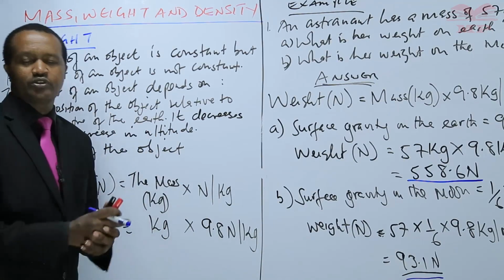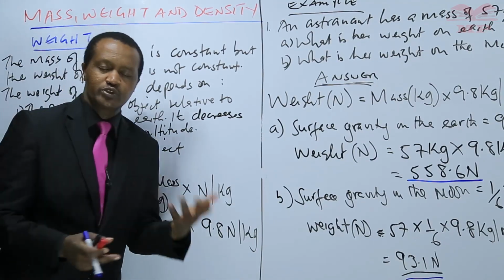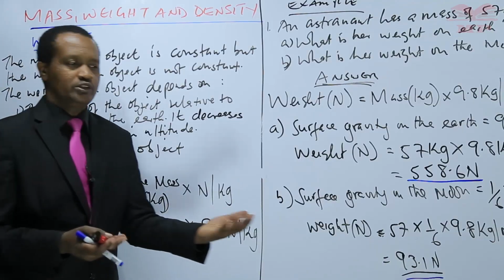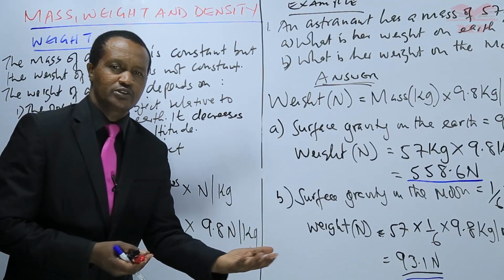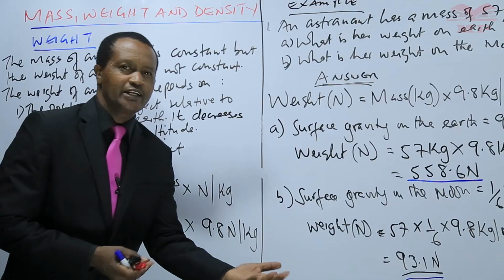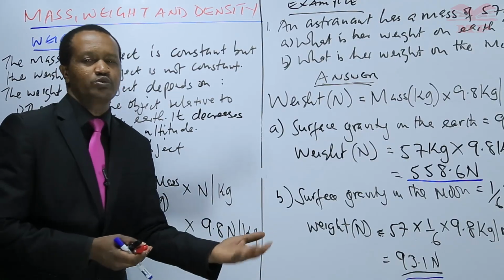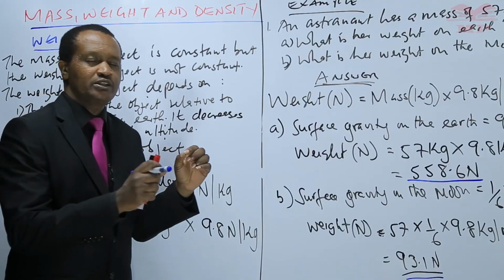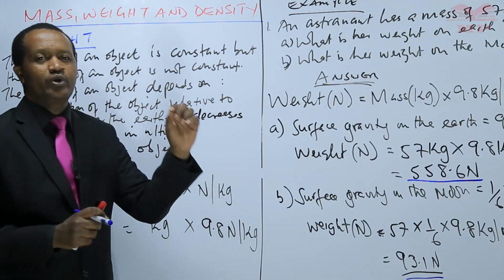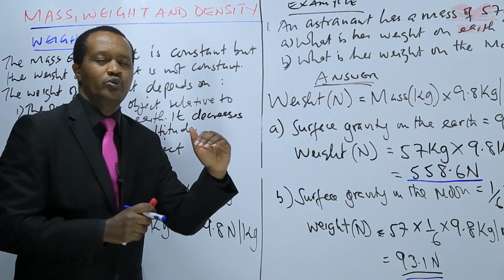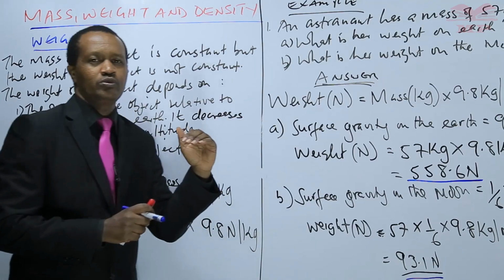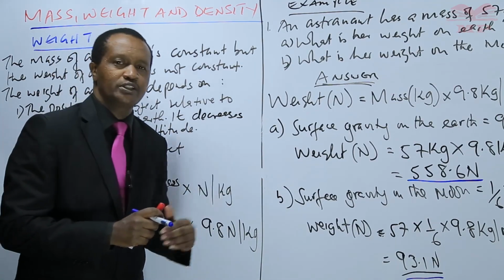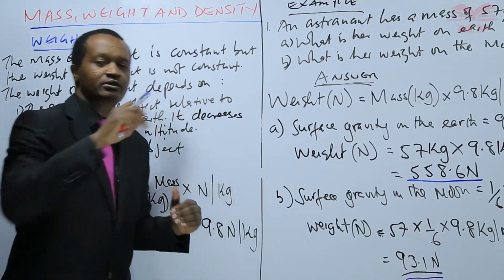We gave examples of positions. We talked of an object that is at sea level. The same object, if you place it at the top of a mountain, then the weight will not be the same. The weight at sea level will be more than the weight of the same object on the mountain. What is the reason?